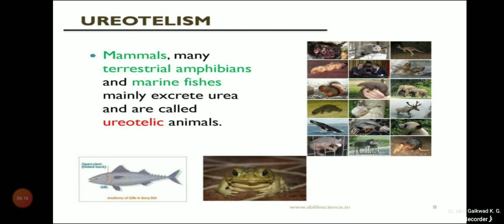Mammals, cartilaginous fishes like sharks and rays, many aquatic reptiles, most adult amphibians, and many other animals are ureotelic. They convert ammonia to urea in the liver by operating the ornithine urea cycle. Three ATP molecules are used to produce one molecule of urea.